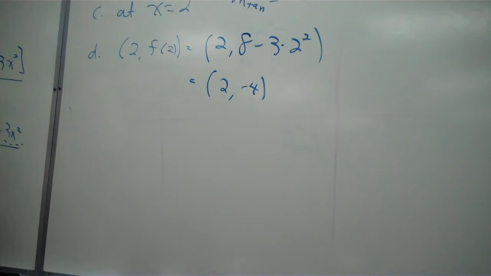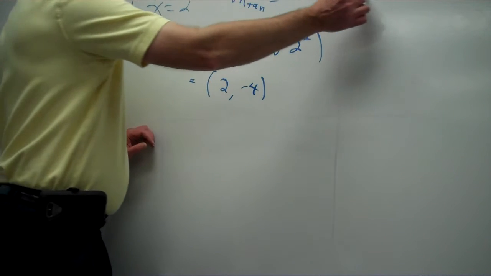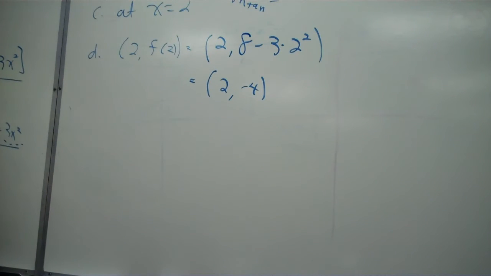So what we've got so far, we've got this point on the curve, 2, negative 4. The slope of our tangent line is negative 12.